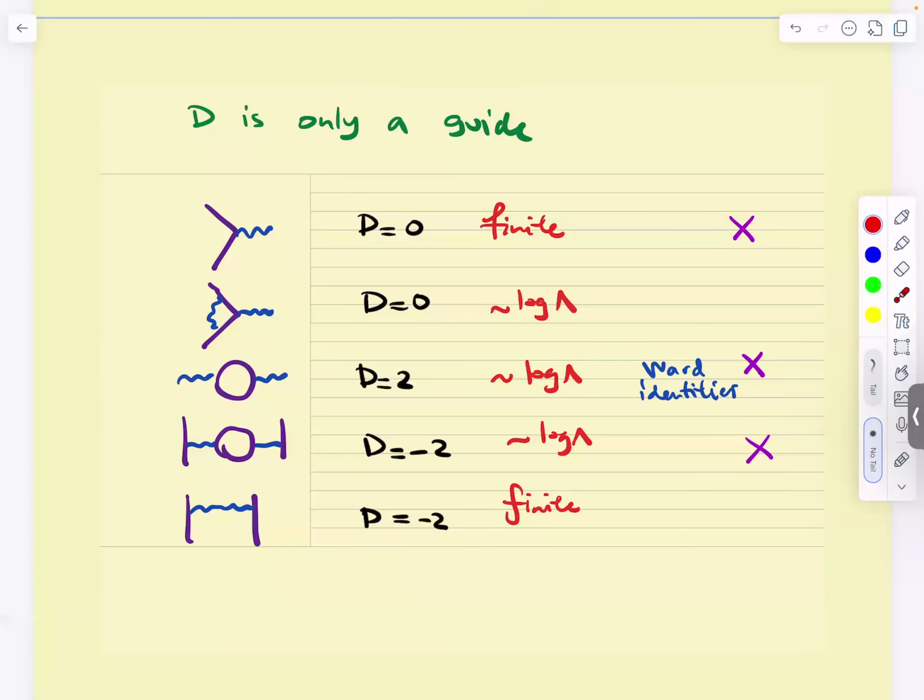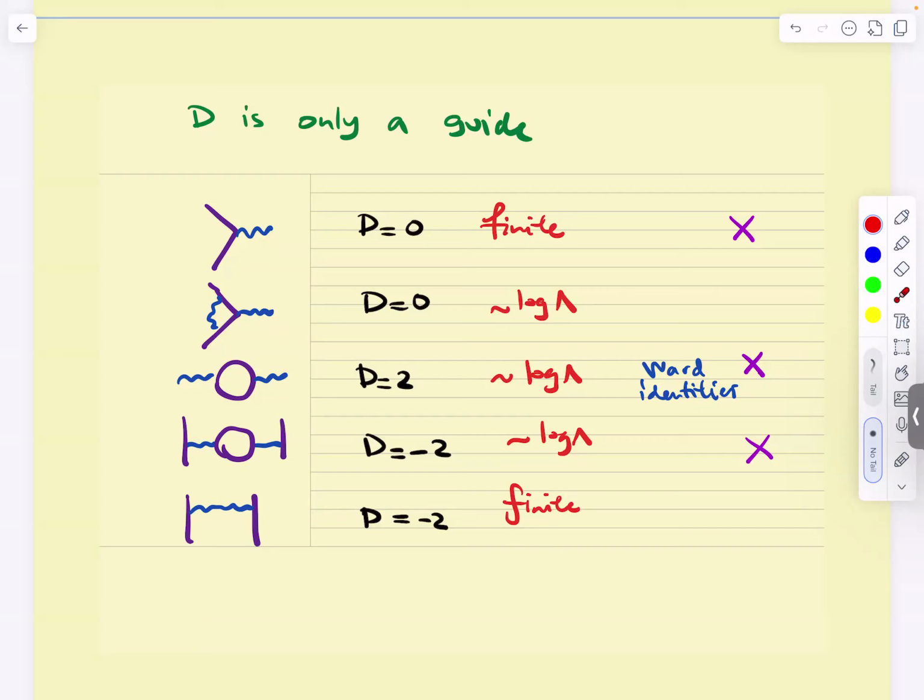So what we discussed is superficial degree of divergence in QED. And we said that it's not necessarily the most accurate representation of the divergent structure of the diagram. We saw two reasons where it misrepresents it. Sometimes the most dominant term is absent because we have introduced some unphysical degree of freedom, some gauge invariance or Ward identities.